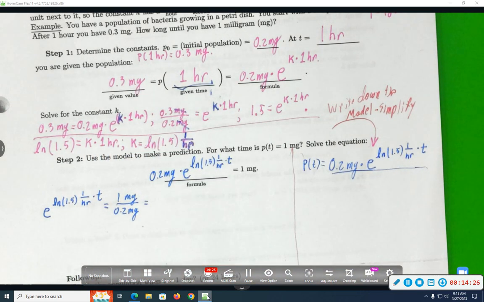And let's simplify the right-hand side. What's that equal to? Yeah, 5. Right, 0.2 is a fifth, so 1 over a fifth should be 5.